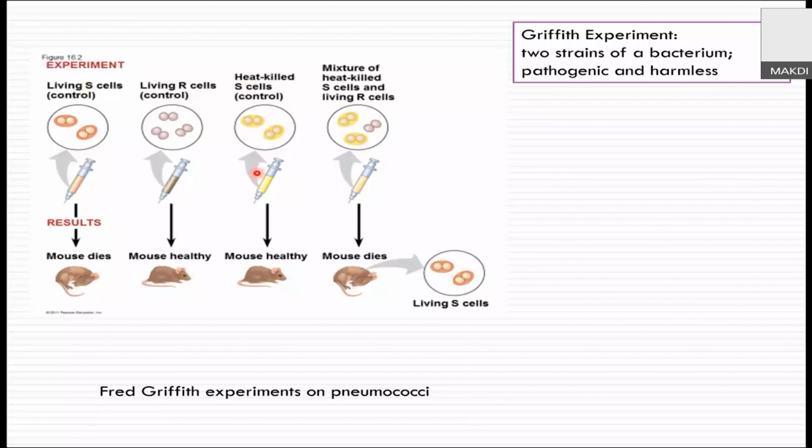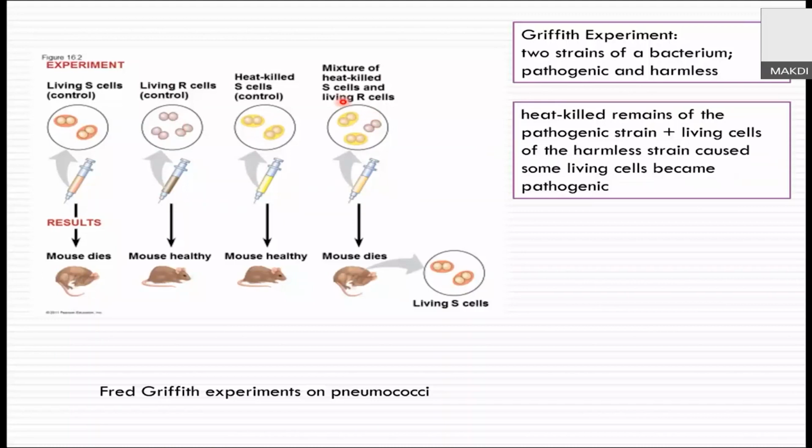This means that the pathogenic bacteria, when heated, cannot infect the mouse. But when the heated pathogenic bacteria were mixed with live non-pathogenic bacteria, they underwent a process that we call transformation.